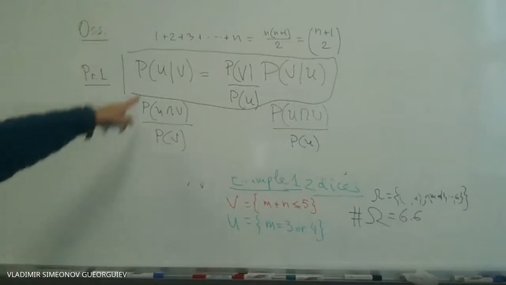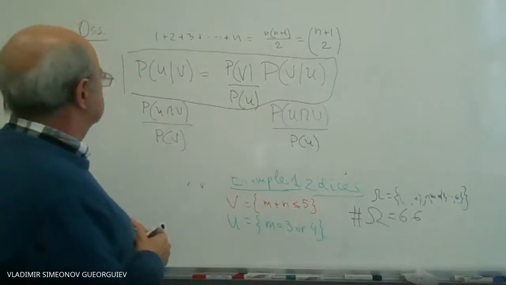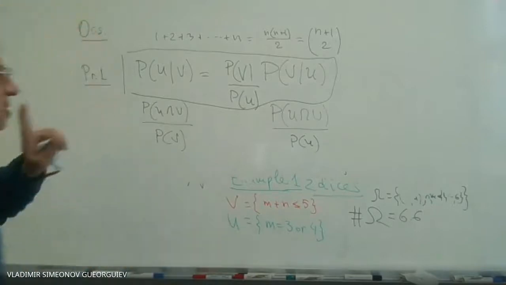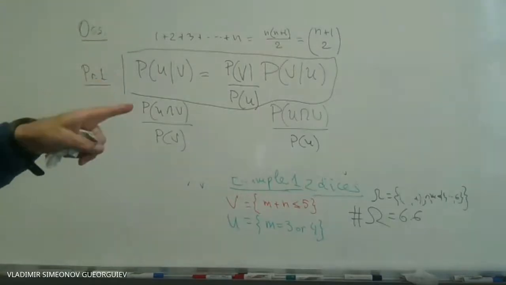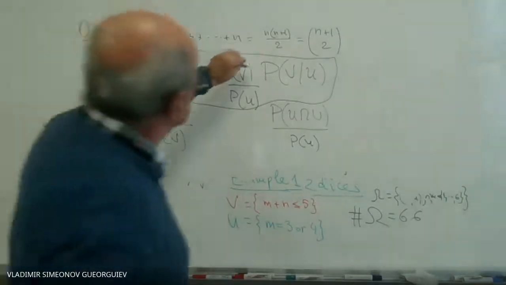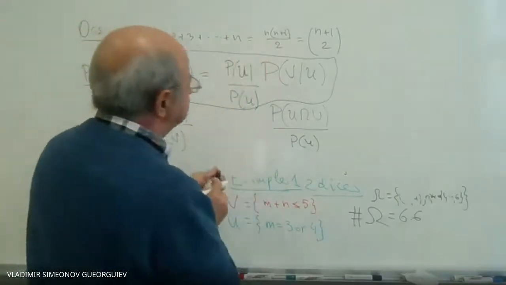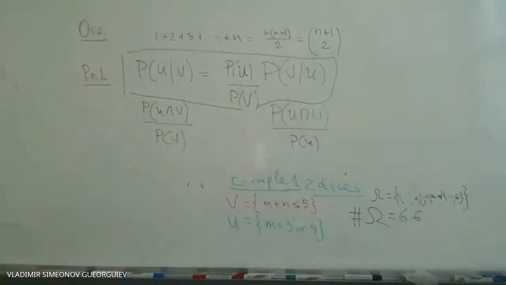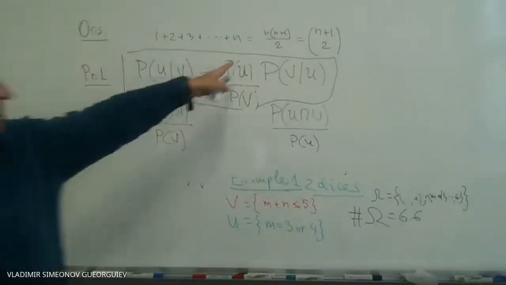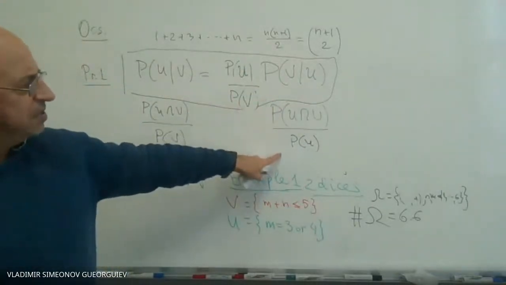I think this is simply connected with the fact that, vice versa, this is U and this is V. Let us check this relation. We know that this conditional probability is represented by this expression.